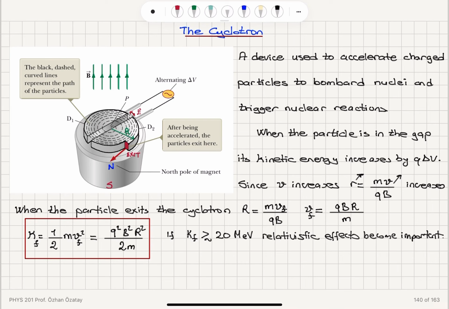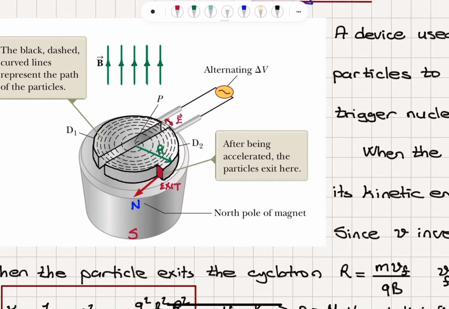Okay, so we talked about another application of the Lorentz force, the cyclotron. It's a device that is used to accelerate charged particles by applying to them an alternating electric field while they're in the gap, and causing a circular motion due to a permanent uniform magnetic field.